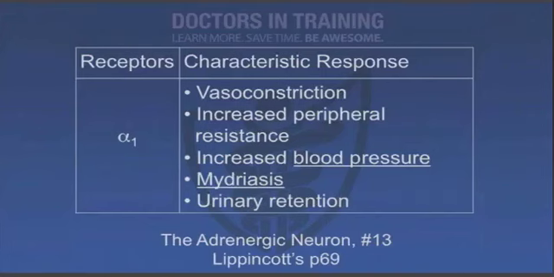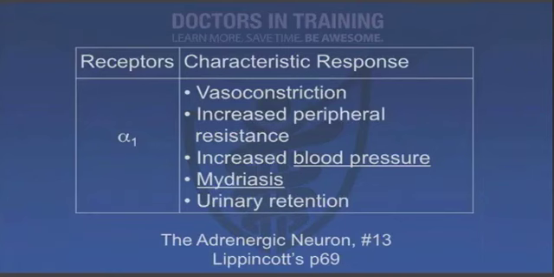Alpha-1 receptors cause vasoconstriction. We mentioned this earlier. They're also going to cause increased peripheral resistance. Now, all of this is going to cause an increase in blood pressure. We also mentioned earlier the idea of mydriasis or pupillary dilation, and alpha-1 receptors are integral to this process.